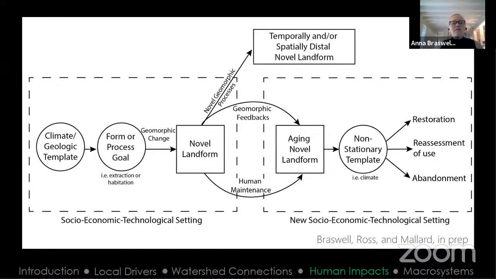And so thinking about these across both a temporal scale, where we can think about the ways it was formed and the ways they are now, and then also how they're operating currently, can give us a better idea about novel landforms and the ways that we see them in our coastal systems and beyond.